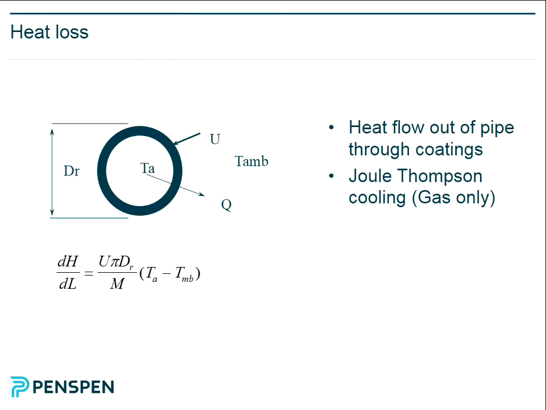Now, each of these can be dominant depending on the circumstances. For example, if you've got a pipeline manifold on the seabed which has no insulation, it's just bare, you'll find the dominant aspect of the overall heat transfer coefficient will be the internal boundary layer, because the pipeline will be negligible and the environment will be negligible, because it will just be flowing to the environment.